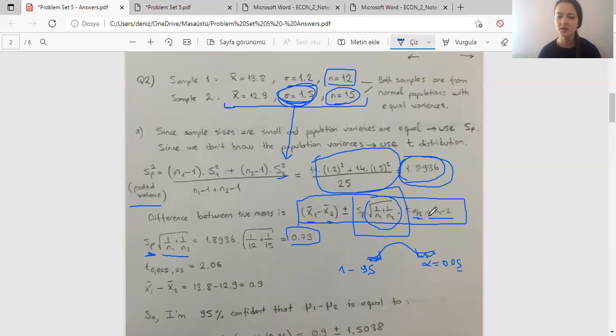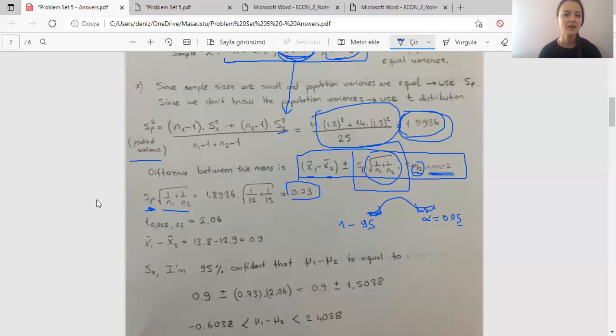So here we're going to use t 0.025. That's why it's alpha over 2. And the degree of freedom is n1 plus n2 minus 2. Again, we are checking the t table, and we find the t value as 2.06.